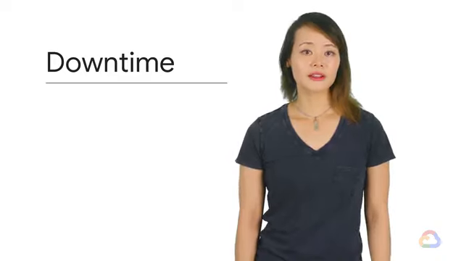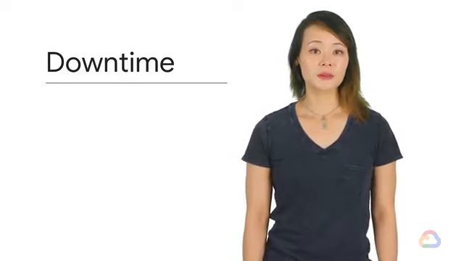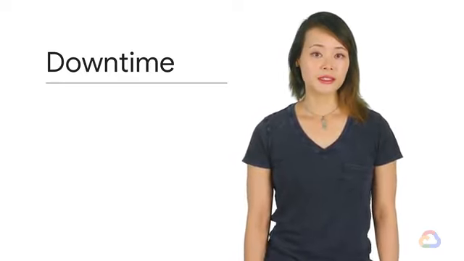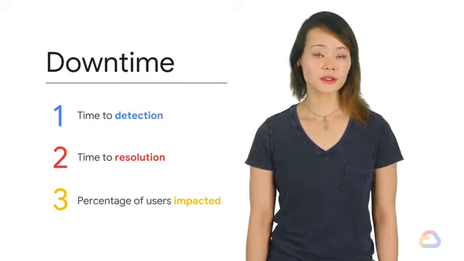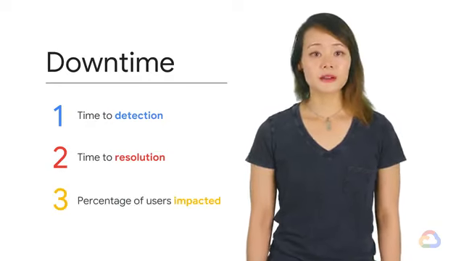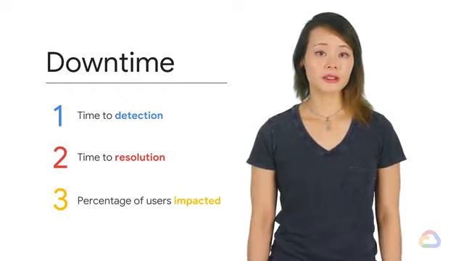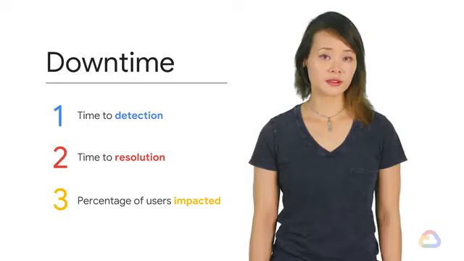Estimating time between failures is relatively easy to understand, but we break the estimate of downtime out into 3 components: estimates of time to detection, time to resolution, and the percentage of users impacted. Thinking about each of these dimensions in isolation is helpful, and the resulting estimates are easier to both justify and reason about.